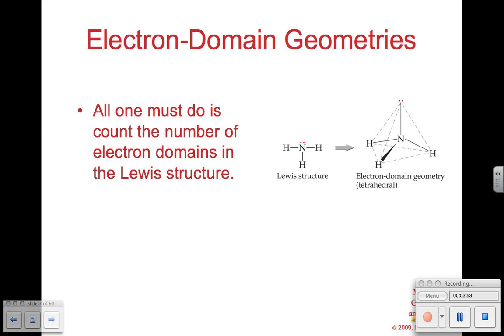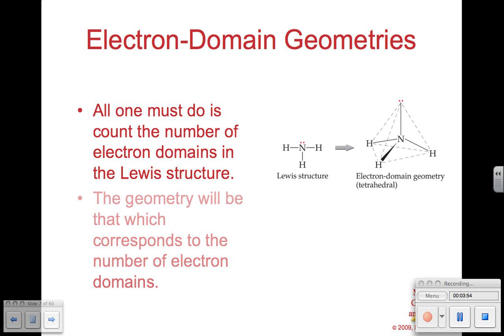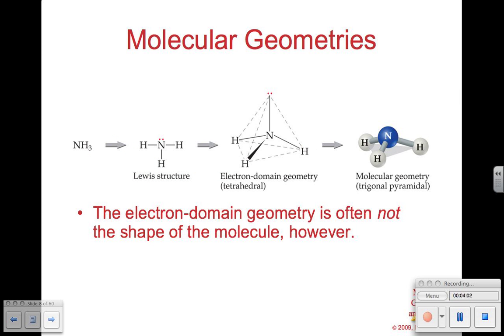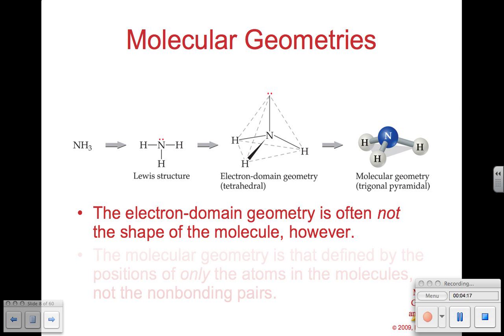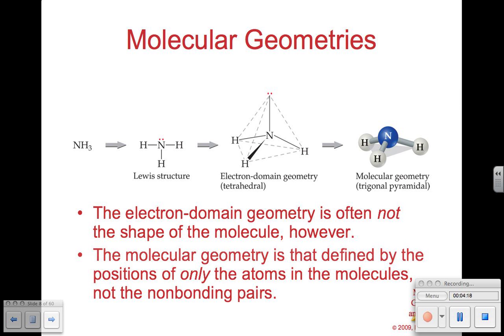So the electron domain geometry would be tetrahedral. Now, the molecular shape is not tetrahedral, and that's what we'll lead to. So we get the formula, we make the Lewis dot structure, we count the number of electron domains, and then we figure out what the molecular geometry is. They're going to be slightly different, so the electron domain geometry is often not the shape of the molecule.